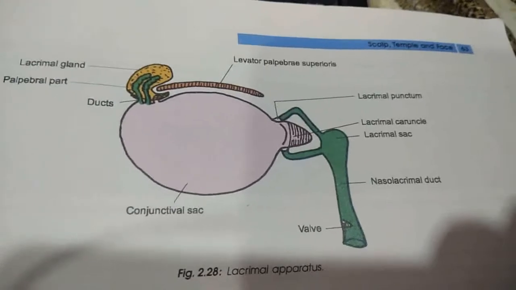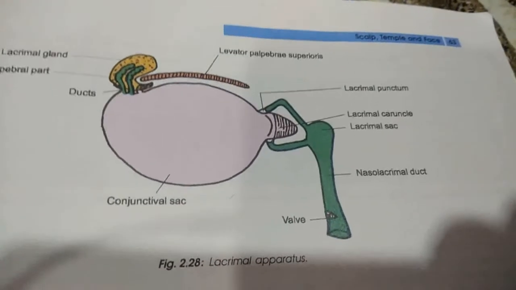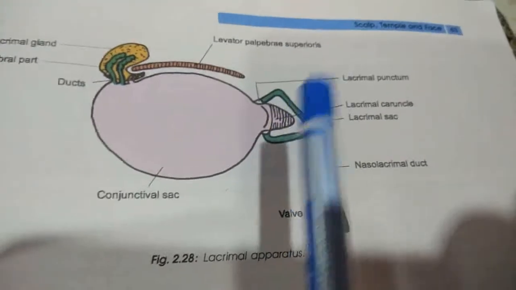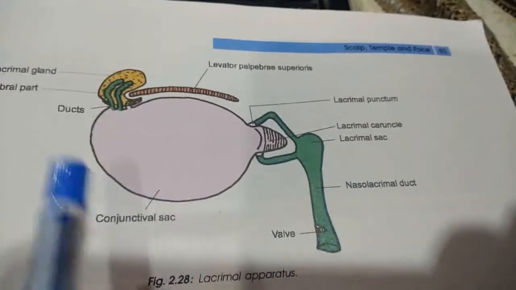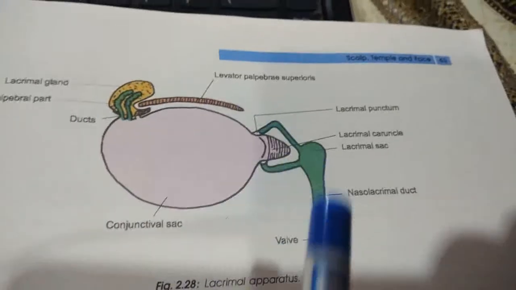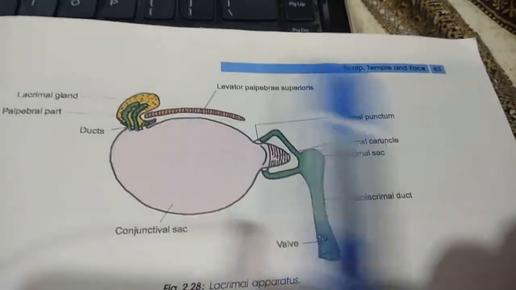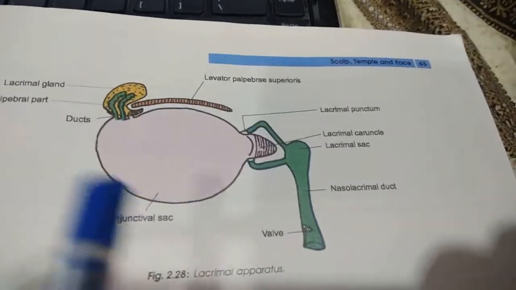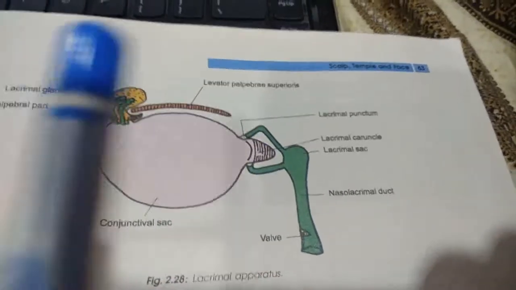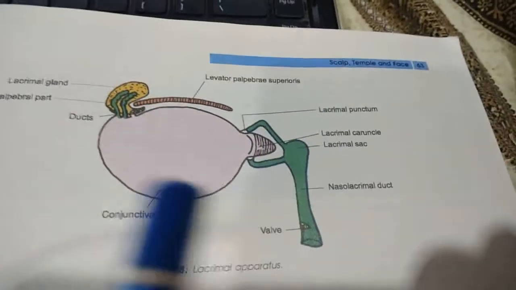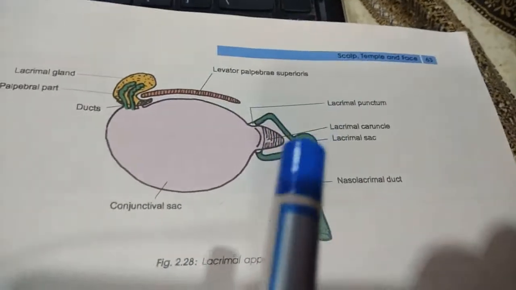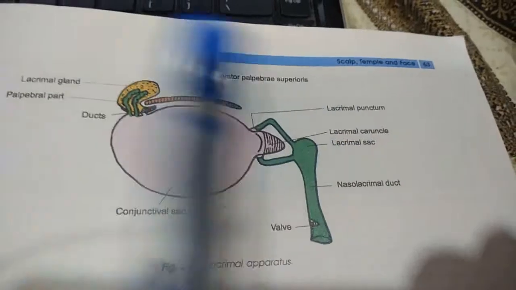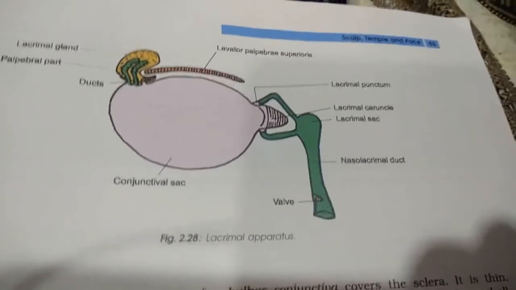The sac is related anteriorly to the medial palpebral ligament and to the orbicularis oculi muscle, a muscle of facial expression around the orbit.